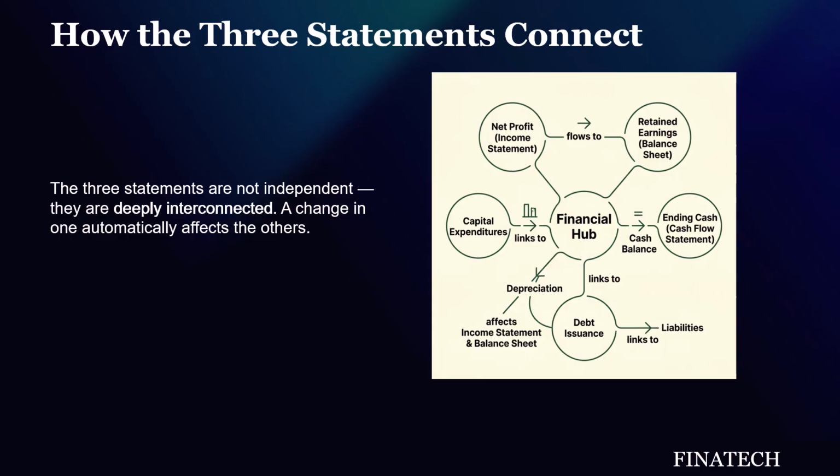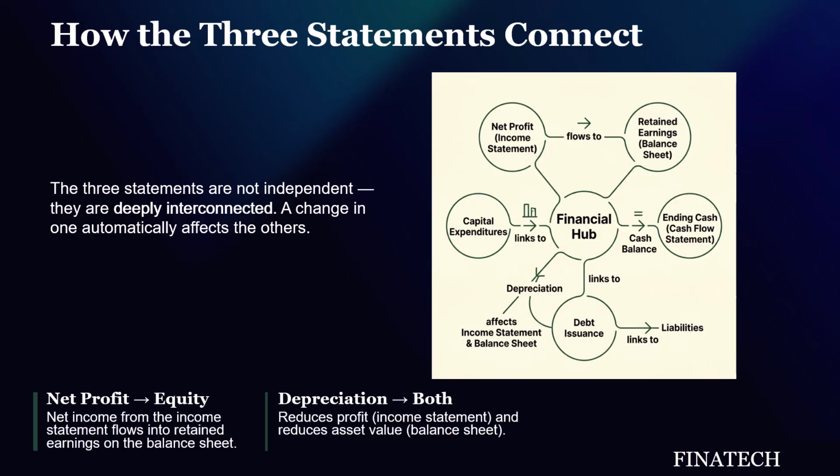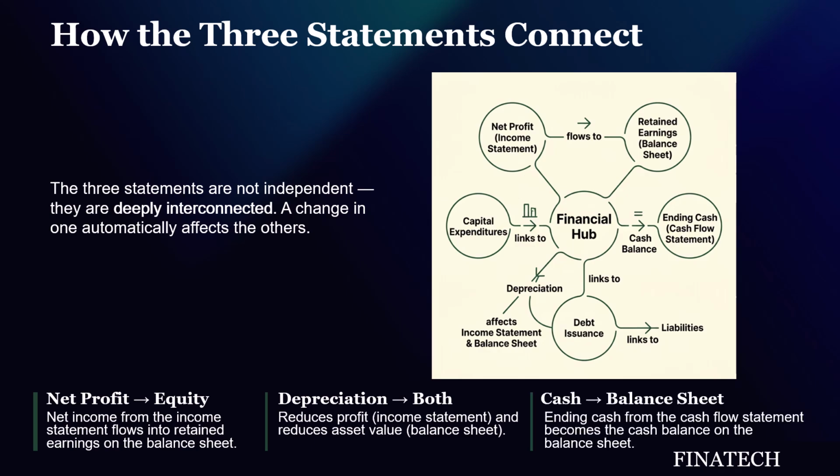Net profit flows to retained earnings, capital expenses, ending cash, the ending cash in the cash flow statement, debt issuance. That is the funding of your financial hub. Net profit, depreciation, both affect cash and the balance sheet.